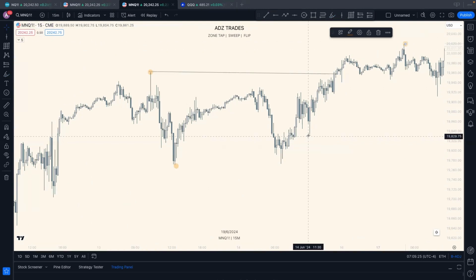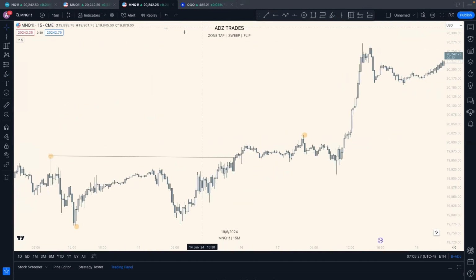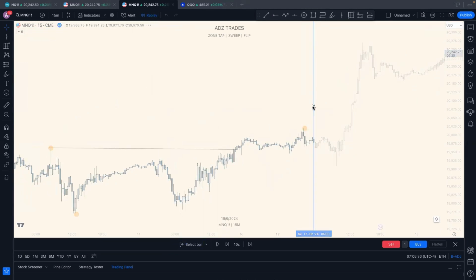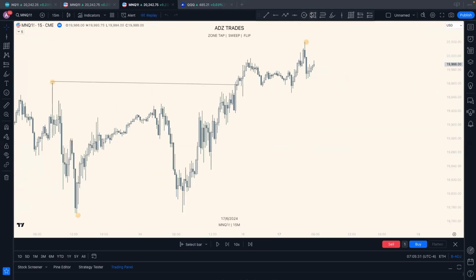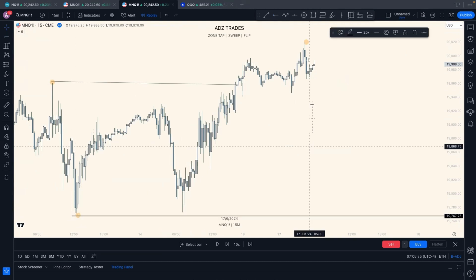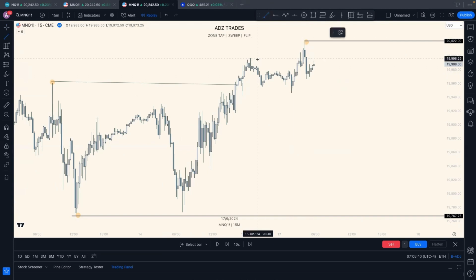Okay, simple. So what is my range? My range was between this low and this high. And then we actually had another high up here. We broke it.